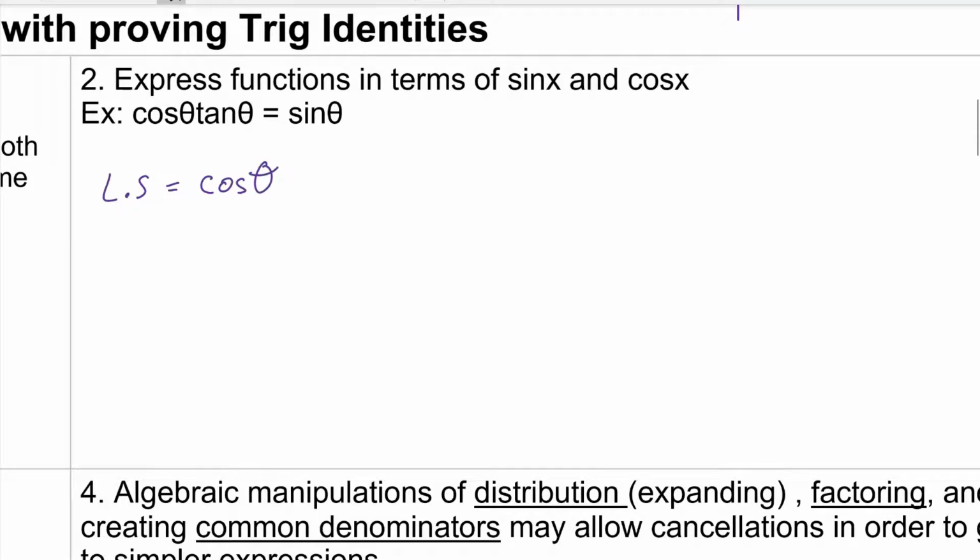And I'm going to replace tan theta using my quotient identity with sine theta over cos theta. So when I'm multiplying cos theta times something that's being divided by cos theta, then my cos theta can actually cancel out. And I'm left with just sine theta by itself. And that's already equal to the right side, so I am done proving that identity.